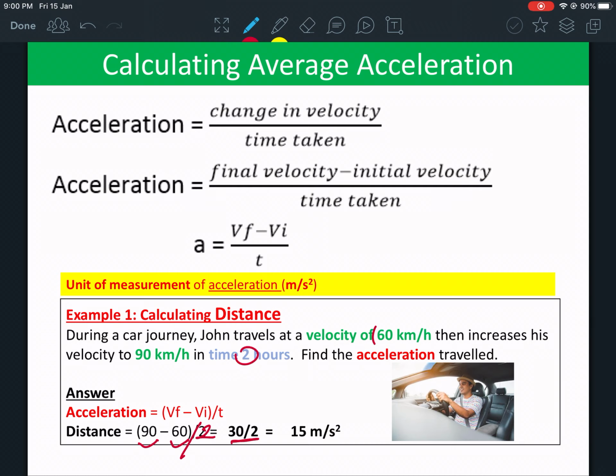So it's 30 divided by 2, which is 15. Then you put the unit of measurement, which is very important: meter per second squared. Sorry, this isn't distance, it's acceleration. That's basically how you do this.